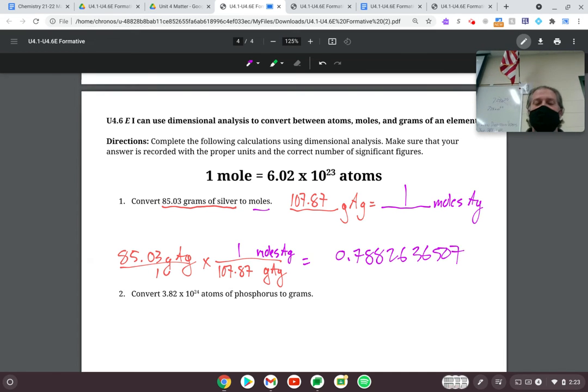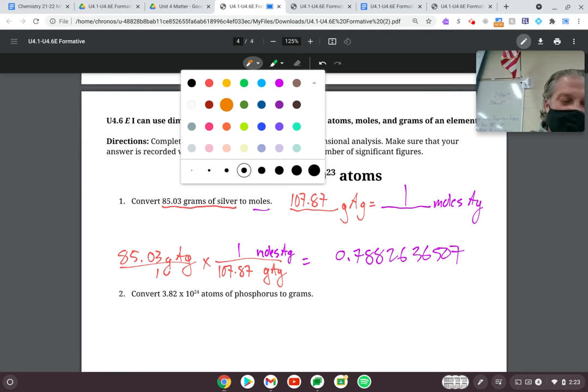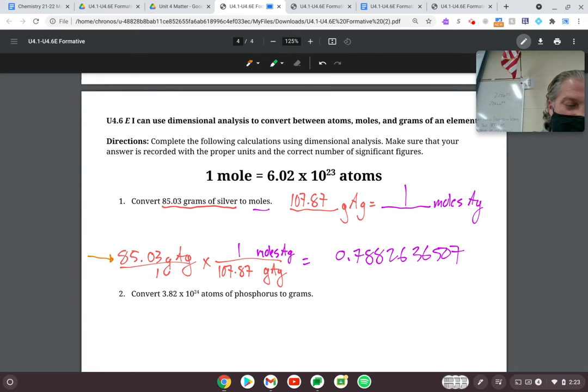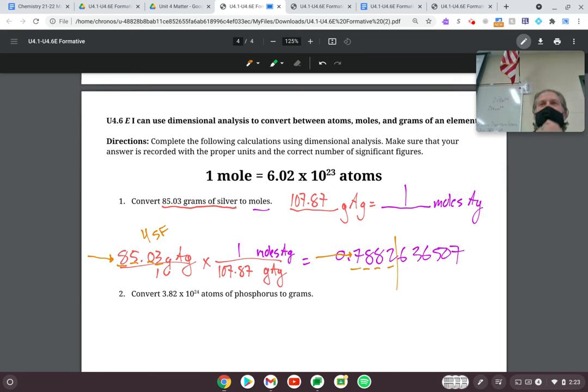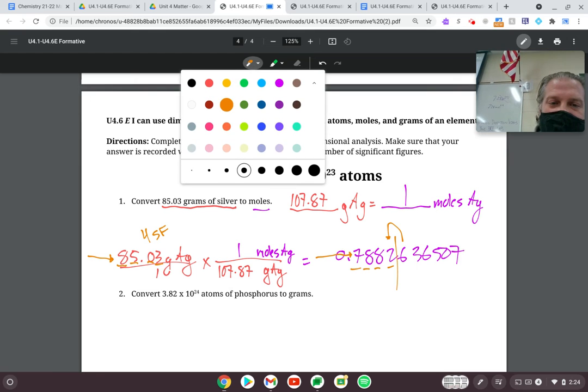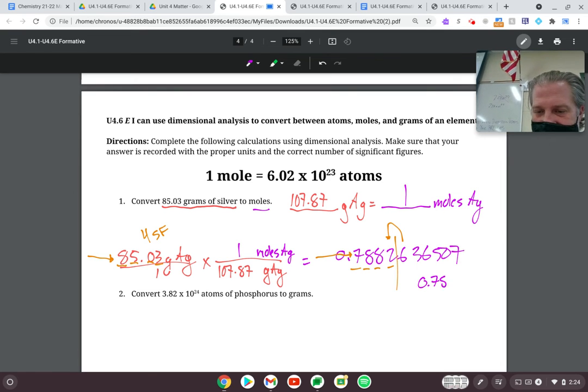The next thing I'm going to do is assess my significant figures. So I'm going to draw an arrow here and see that I have 1, 2, 3, 4 sig figs through that 0. I'm going to see that that 6 can round the 2 up. So my final answer here is going to be something like 0.7883 moles of silver.